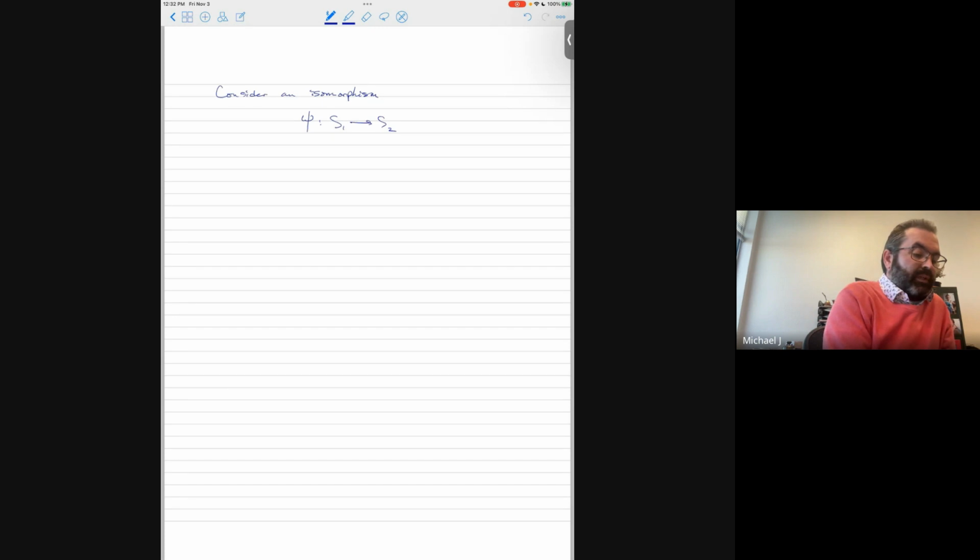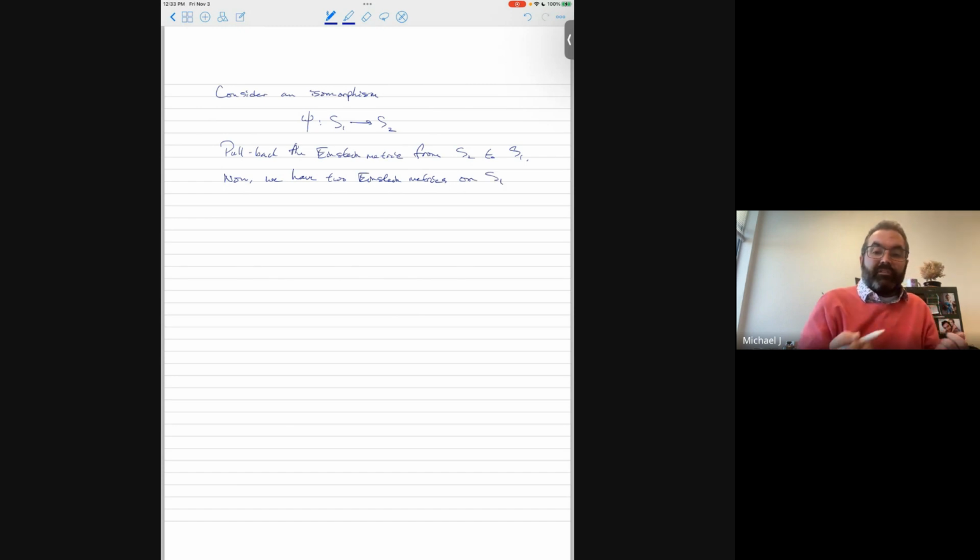And then what I'll do is I'll pull back the Einstein metric from S2 to S1. And then what I have is now we have two Einstein metrics on S1. These have to be isometric.